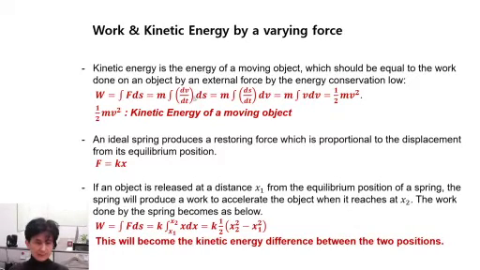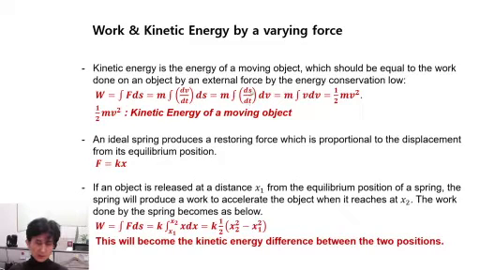And if I exchange dv with ds, then this becomes ds over dt times dv. So this is the product of dv and ds divided by dt. But ds over dt is the definition of velocity.